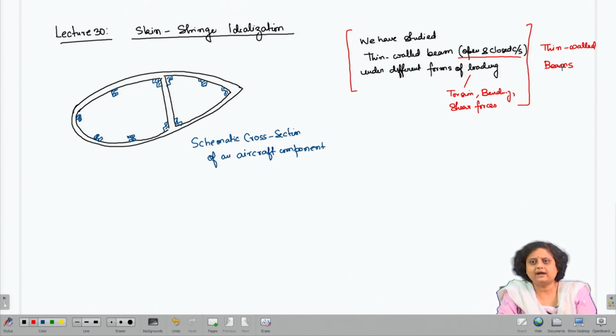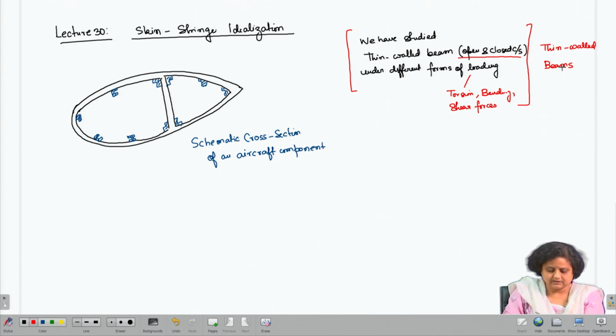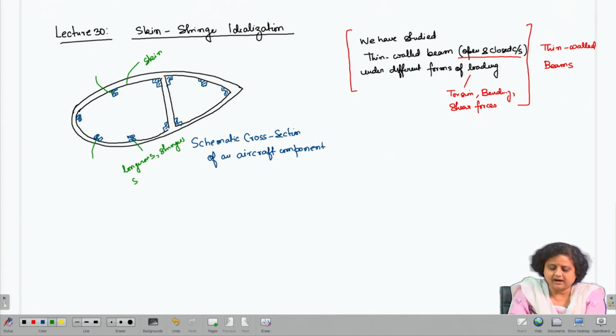So, as we have discussed in detail in the early lectures in the first week of the course, if you take a cross section of an aerodynamic surface, be it a fuselage, wing, aileron, whatever, the cross section will include a thin skin and it will include longitudinal members, which could be longerons for fuselage, it could be stringers for wings, it could be spars, any such longitudinal members.